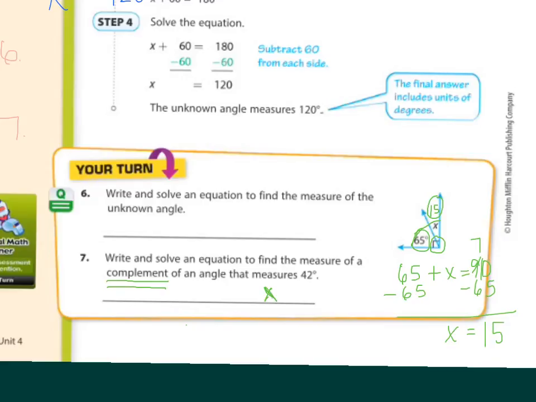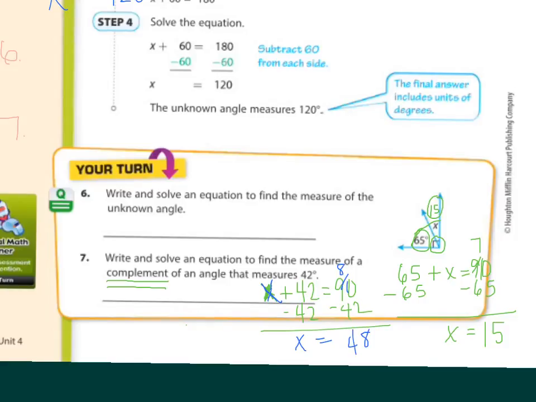We don't know what it is, so we're just going to say it's x plus 42 equals what? 90. Okay, let's get rid of the 42 and then keep it balanced. So the only thing I'm left with over here is x, and then do the math. X equals 48.